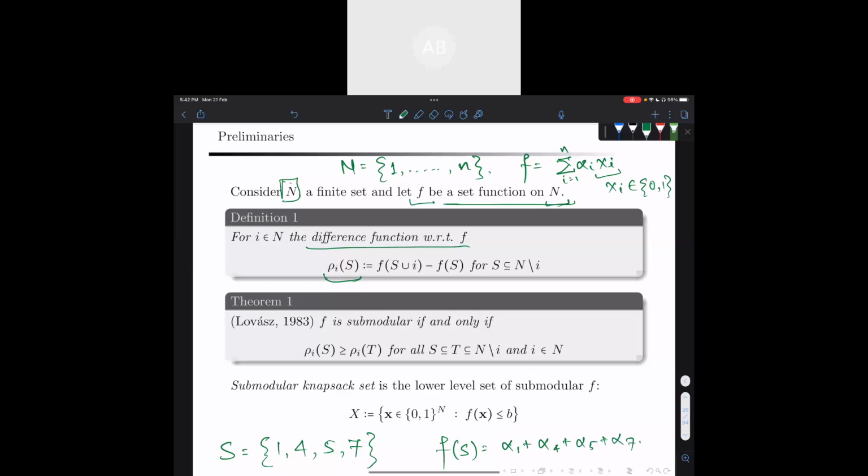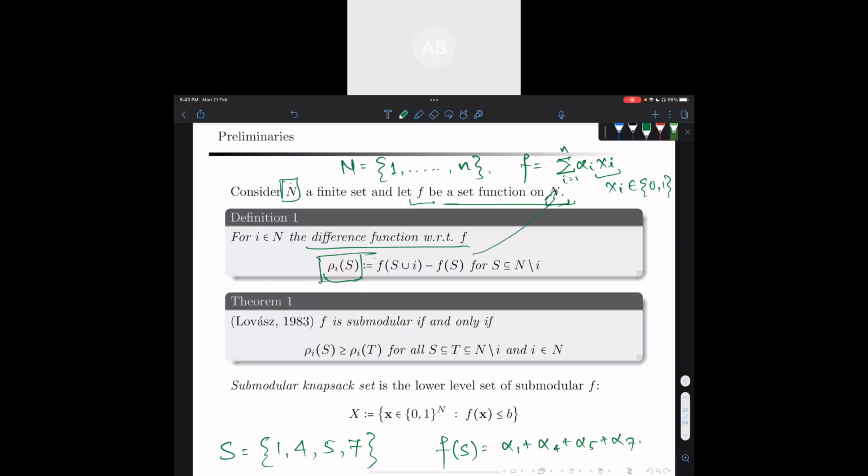This is f of S. And rho is essentially f of S union I minus f of S, right? So in this case, what is rho in this particular case?